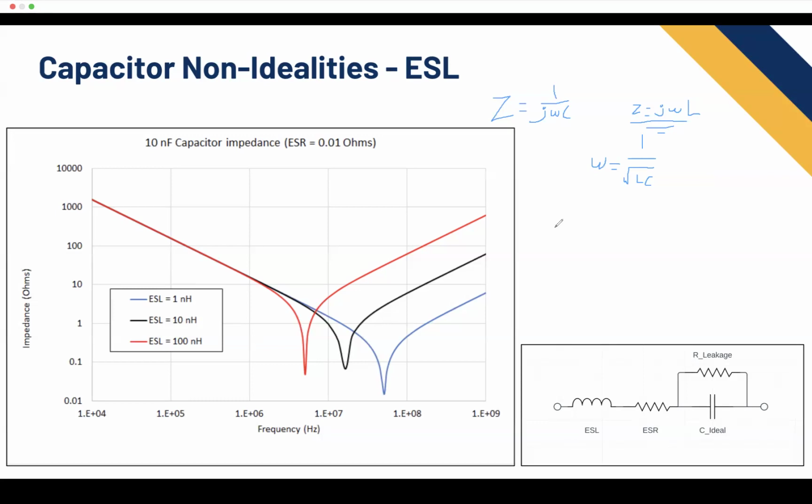If that clock frequency is too high and you go beyond the resonant point of the ESL, then you could actually be putting an inductor into your system, which is not good. So if anything's acting funky around your capacitors, you're going to want to make sure first that the frequency is okay. You're not dealing with super high frequencies.